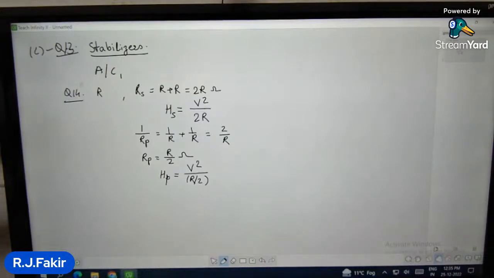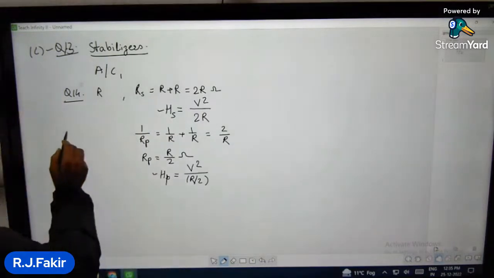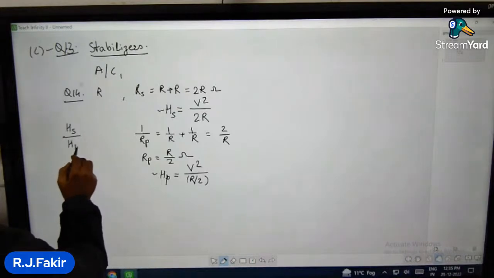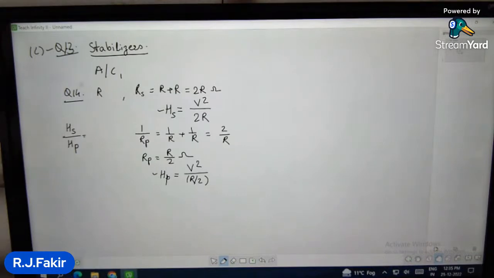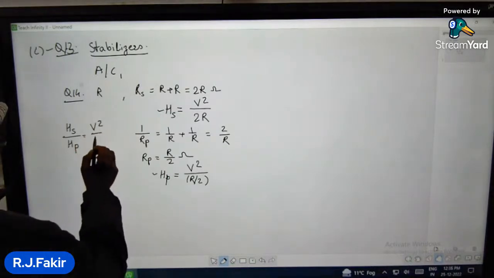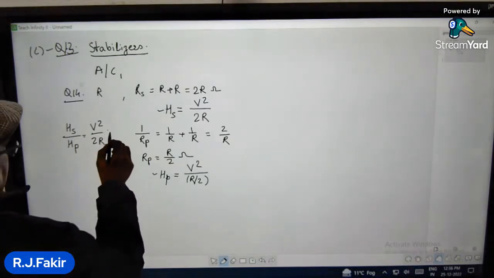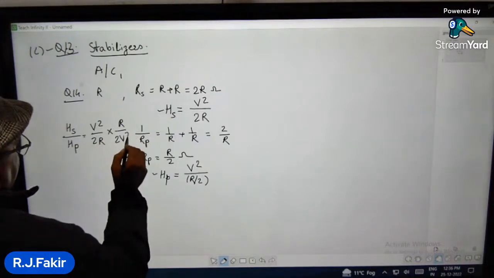So I have to find the ratio between these two. The ratio of heat produced in series to that of heat produced in parallel will be V square upon 2R into R upon 2V square.